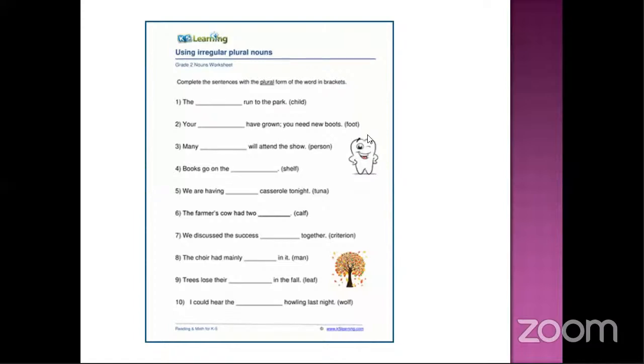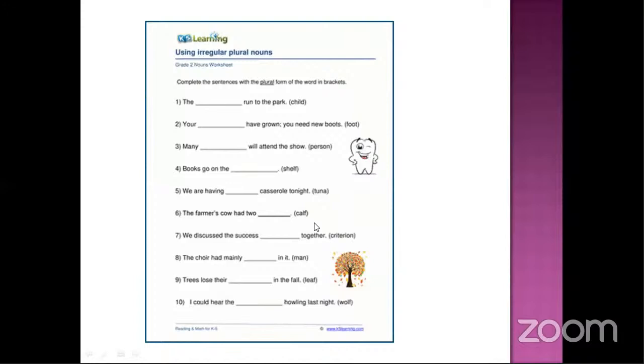Second one, the noun is foot. So you have to read the sentence and write the plural one. Next one, person. That could be the plural one. Okay. Next one, shelf. Next one, tuna. It's a fish.